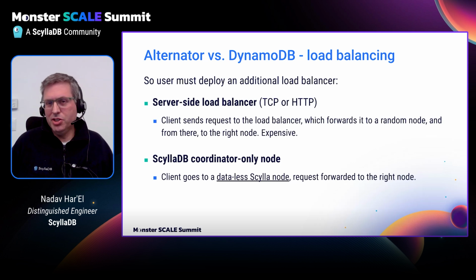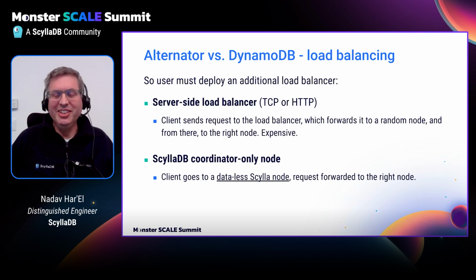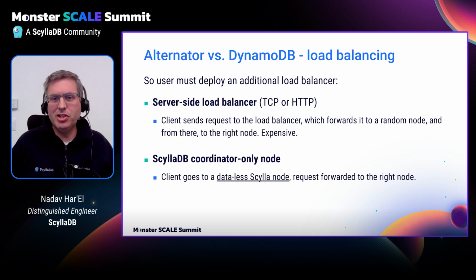And this works nicely, but it's a rather expensive solution, because you have to add the load balancer node, and each request needs additional hops. So it also costs a bit in latency. It's a valid solution, but probably not the best.